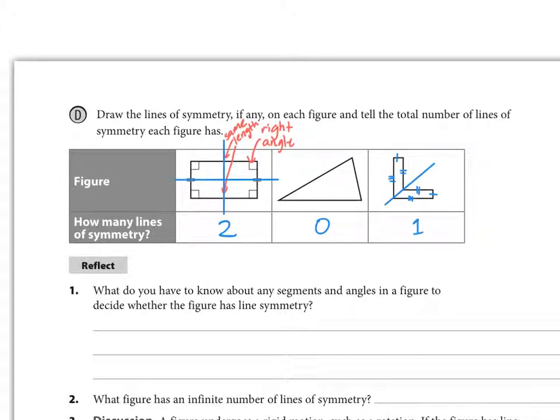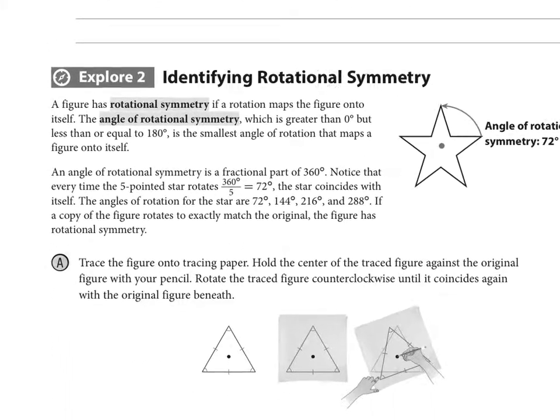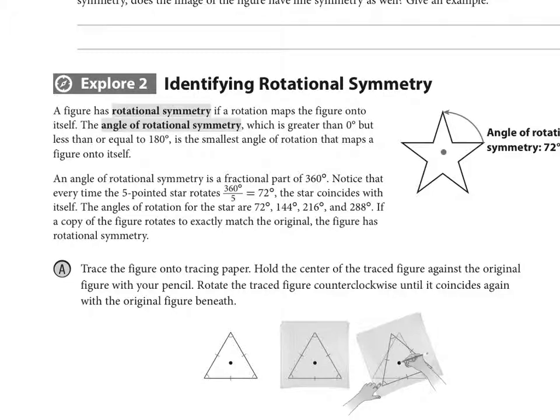Moving on to the next type of symmetry, rotational symmetry, which means we're going to be rotating a figure around the center of the figure, and we want to get the same exact image. If you're thinking about rotating this star, we're going to pick the center somewhere in the middle here. I can show this a lot easier on a transparency, but I'm not going to be using any tricks here.